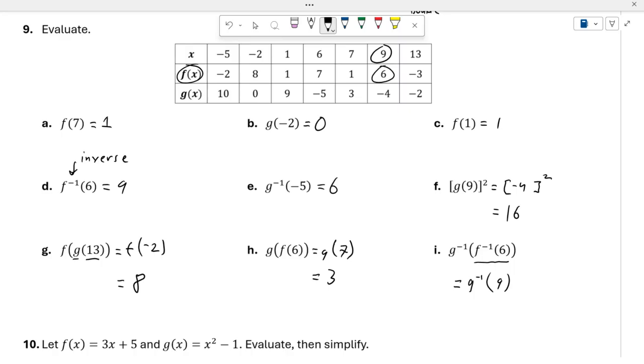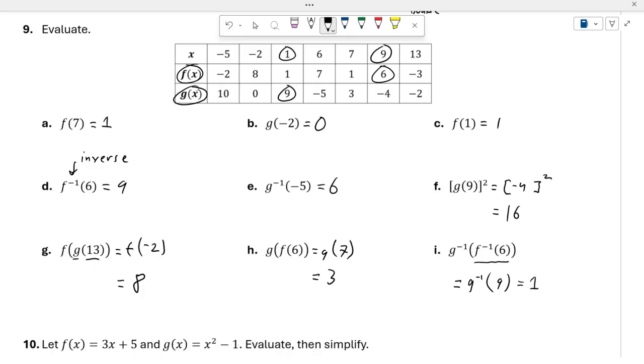Now I want g inverse of 9. So now I'm looking at the g function, and I get a 9. What is the input into g that results in a 9? The answer is 1. So g inverse of 9 is 1, and that's my final answer for I.